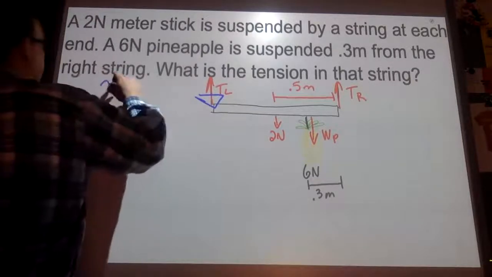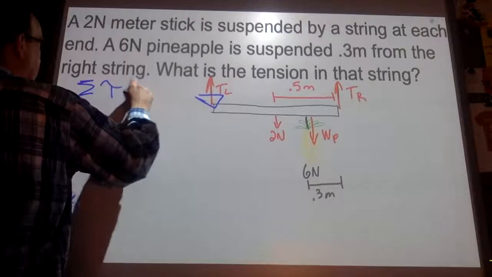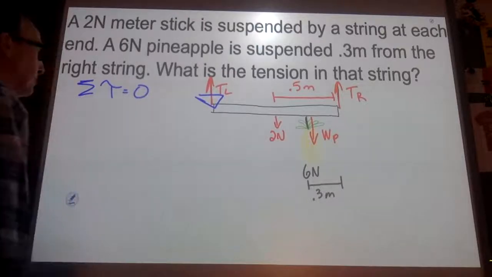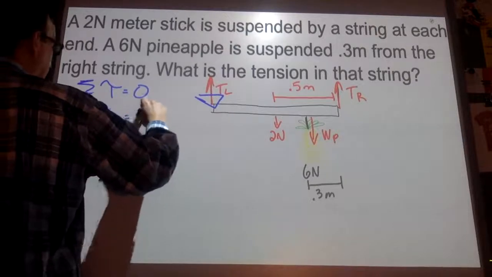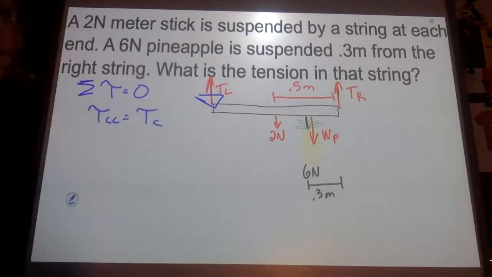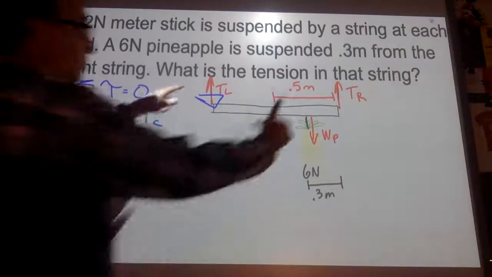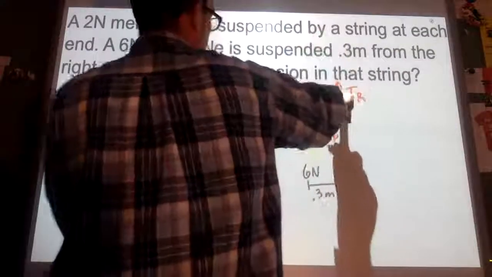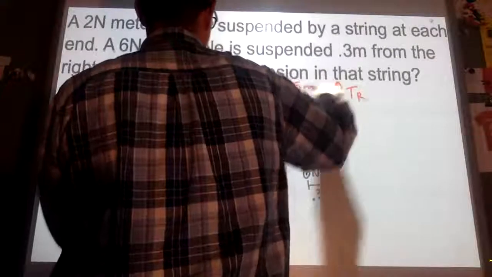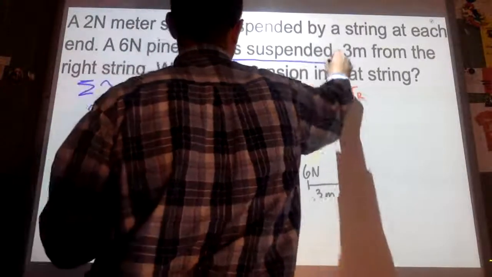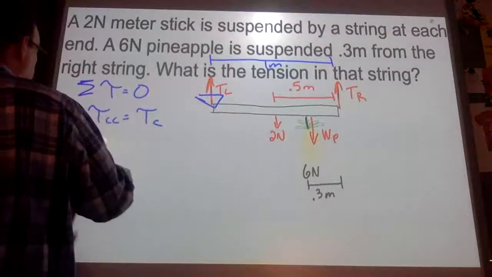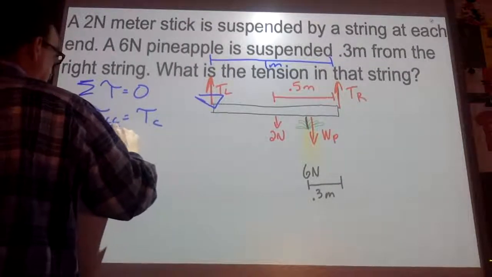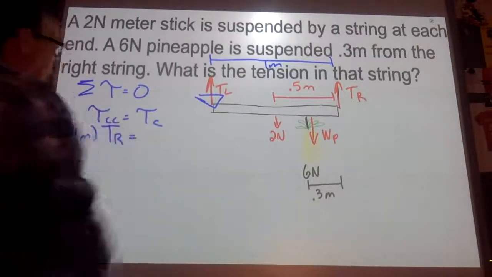And so I'm going to say the sum of my torques is equal to 0. So I'm going to take the torques counterclockwise equal to the torques clockwise. So counterclockwise would be this way. The only torque is the tension in the right string. That is 1 meter from the other string. So that's going to be 1 meter times the tension in the right string.